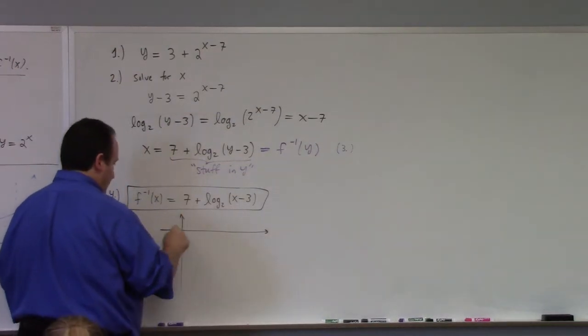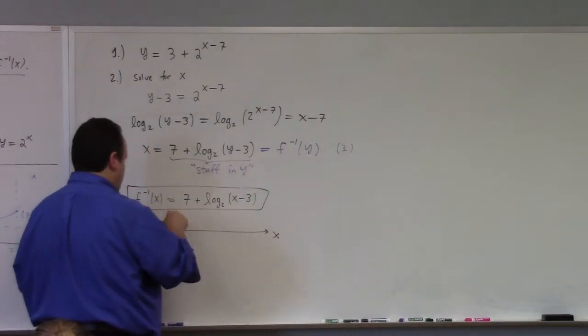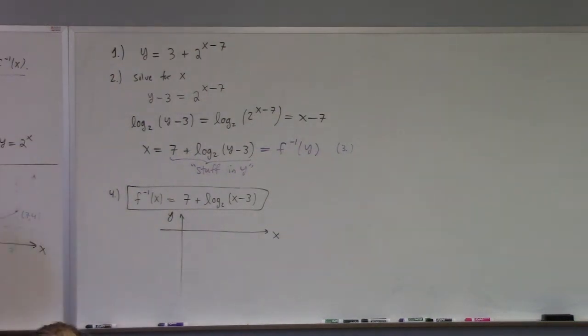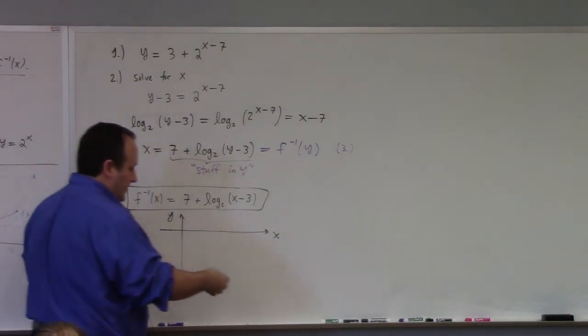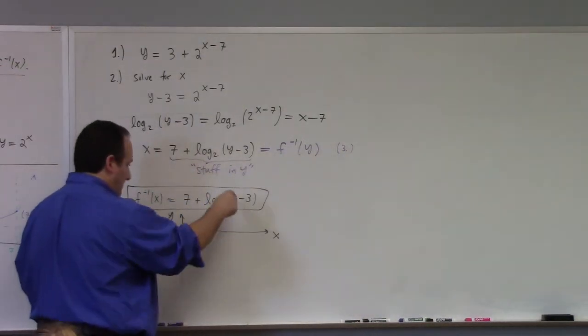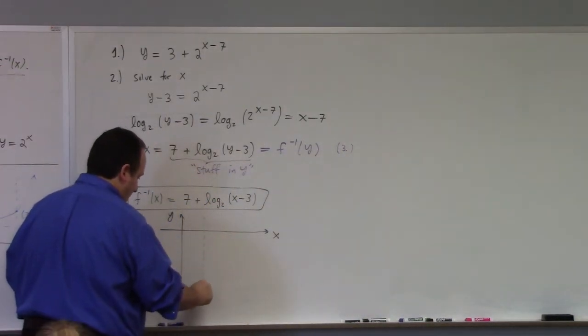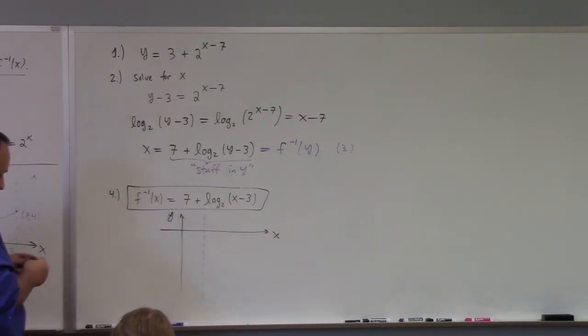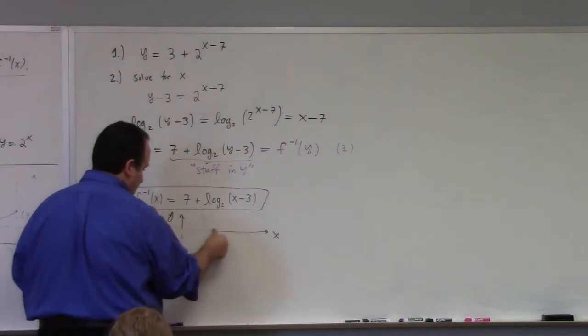The graph of the inverse function, we've got a vertical asymptote at x equal to 3, all right? And it gets, poor planning on my part. I should have put this axis.